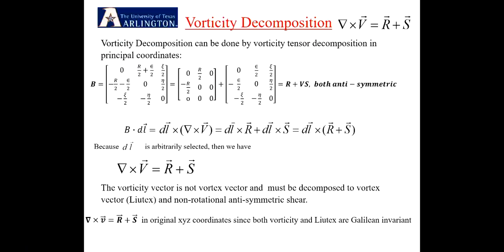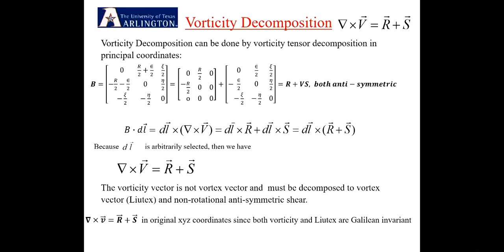Vorticity decomposition. Yeah, we know that the vorticity we can have two parts. If we take any dl, you will get dl dot the curl of R and dl dot the curl of S. Well, this holds for any dl. So what is the conclusion?